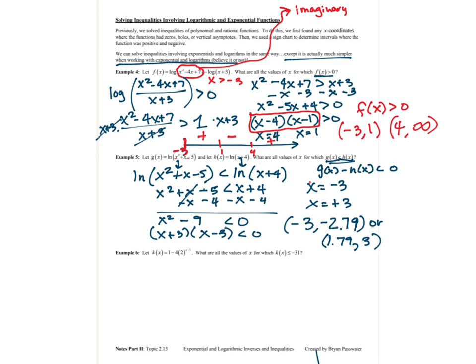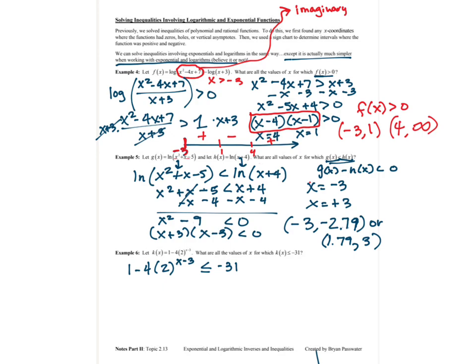What are all the values of x for which k of x is less than or equal to negative 31? So we've got k of x, our function, 1 minus 4 times 2 to the x minus 3, that's going to be less than or equal to negative 31. You gotta subtract.